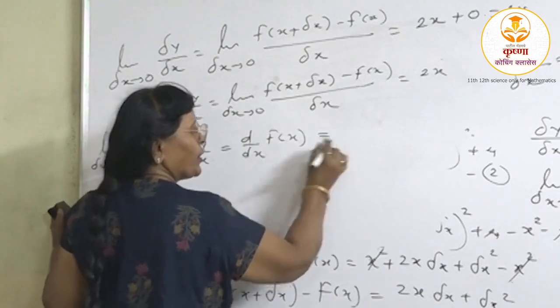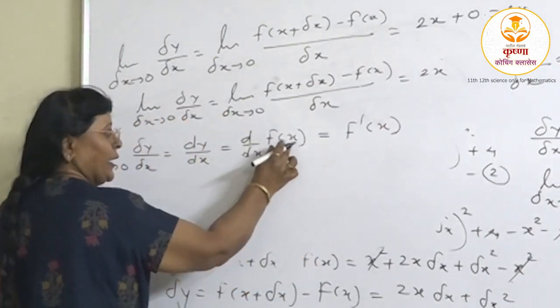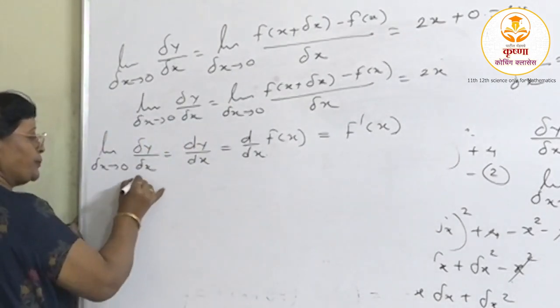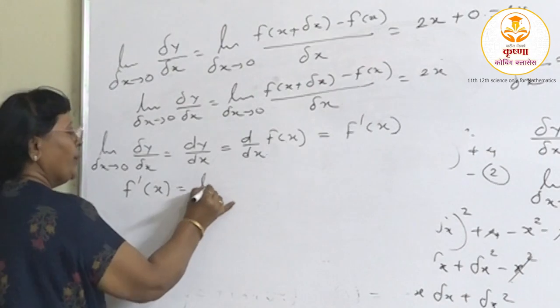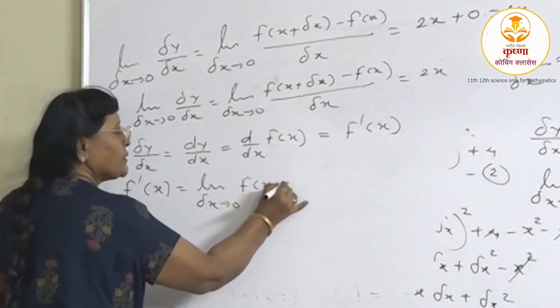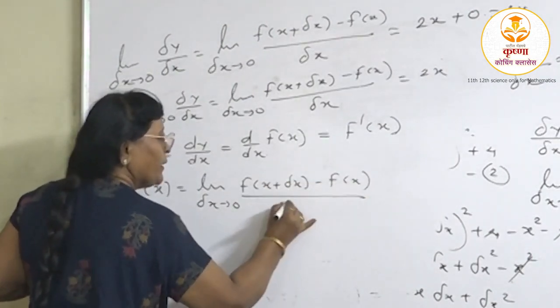Now, another notation I have given is f dash x. d/dx of f of x is given as f dash x, and f dash x is equal to the limit as delta x tends to 0 of f of x plus delta x minus f of x divided by delta x.